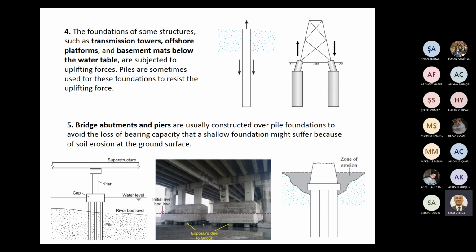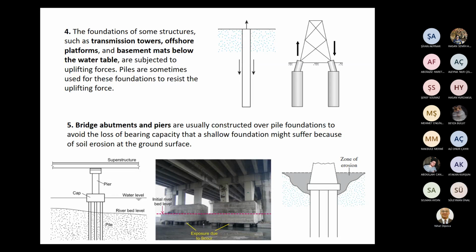The foundations of some structures, such as transmission towers, offshore platforms, and basement mats below the water table are subjected to uplift force, as shown in this figure. For example, this is a high antenna tower, or maybe a transmission tower.